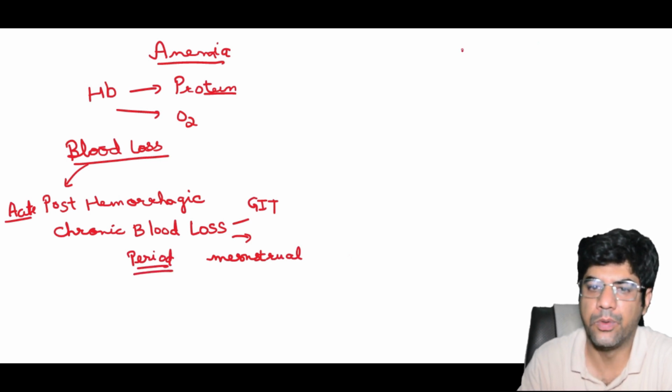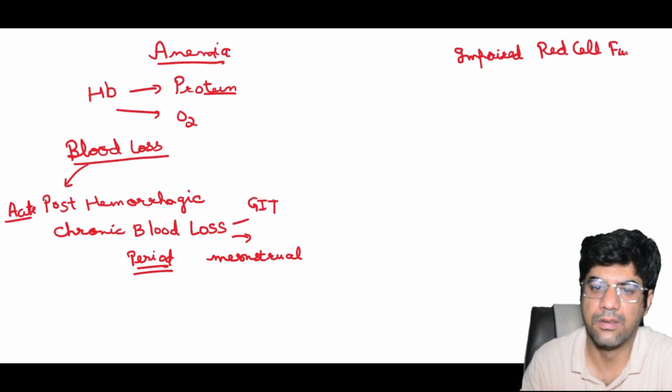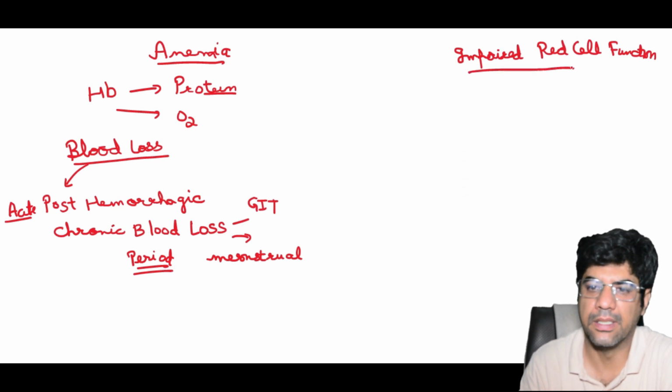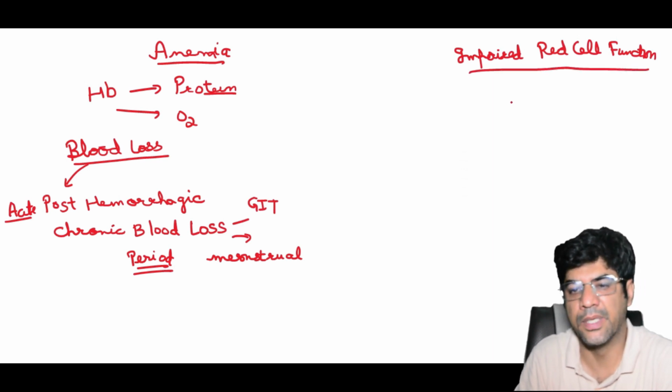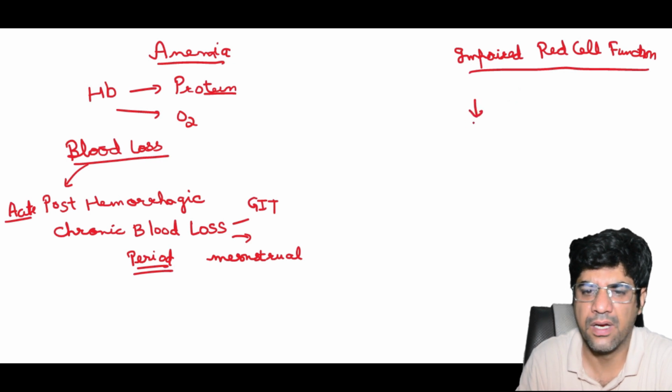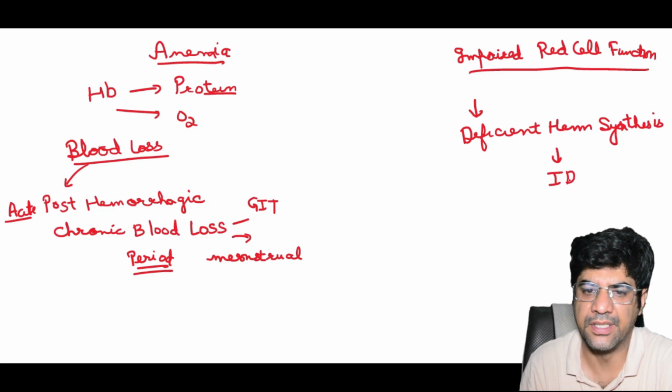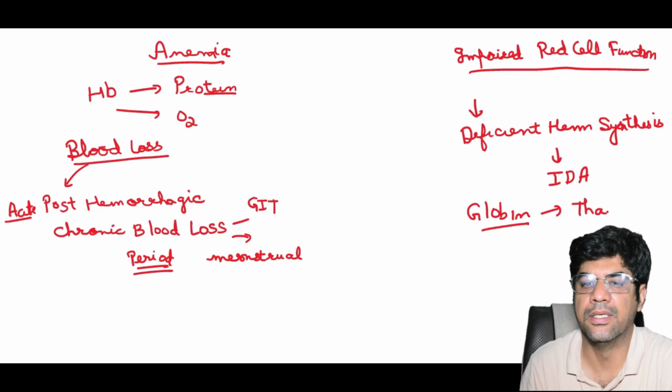Other could be anemia due to impaired red cell function. There could be a cytoplasmic maturation defect, like deficient heme synthesis, that would lead to iron deficiency anemia, or deficient globin synthesis that results in thalassemia.